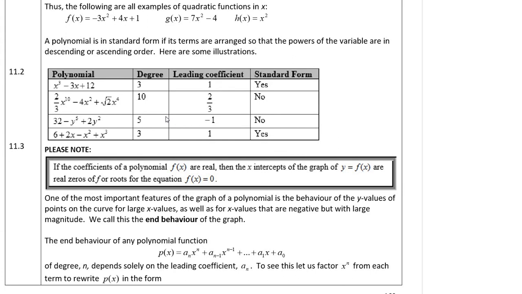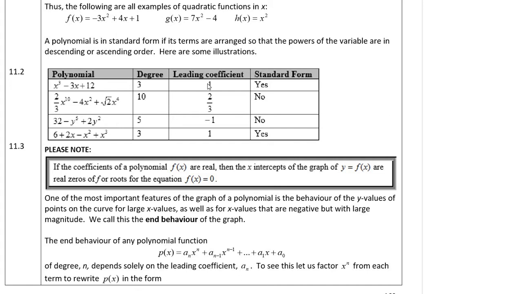And the important things for us in this unit about the pre-knowledge is, do you know what the leading coefficient is, the leading term, and so on. Now remember, the degree of the polynomial is the term containing the highest exponent, so the bigger power.